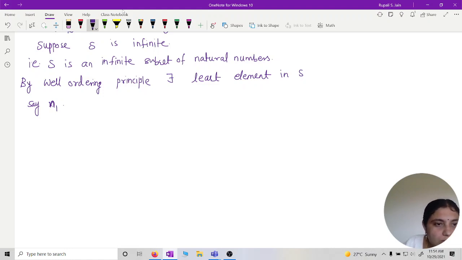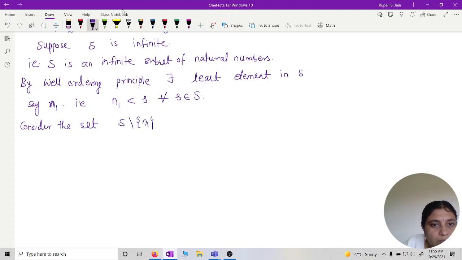That is, n1 is less than or equal to s for all s belonging to S. Now consider the set S minus n1, that is, we remove n1 from S. Then again this will be an infinite set. Then S minus n1 is also an infinite subset of the set of natural numbers.